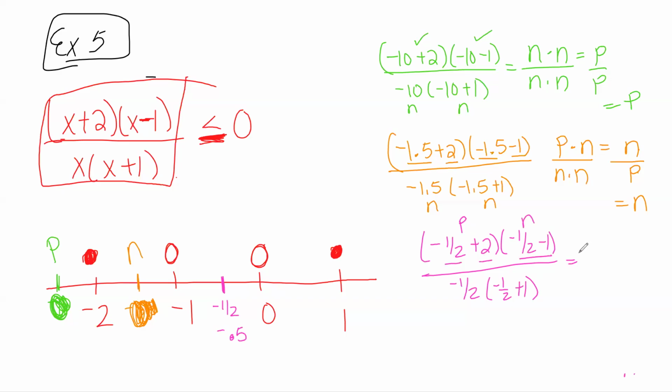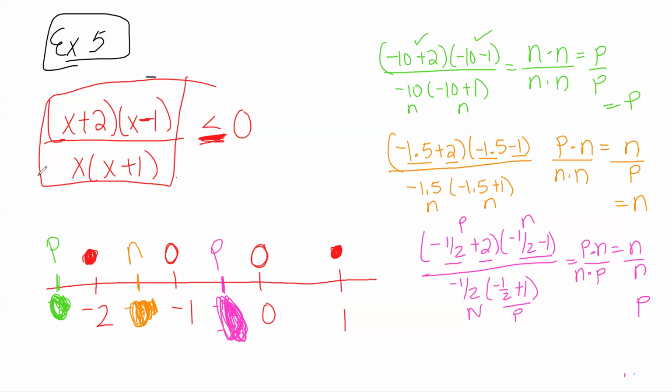This would be negative, so positive, negative makes negative. On the bottom, this would be negative, and this would be positive. So that makes negative. Negative divided negative is positive. Put a P, scribble. Again, you don't have to do all that. I like to. And to me, that's faster than typing in the calculator. But for you, that may be faster just to plug and chug.